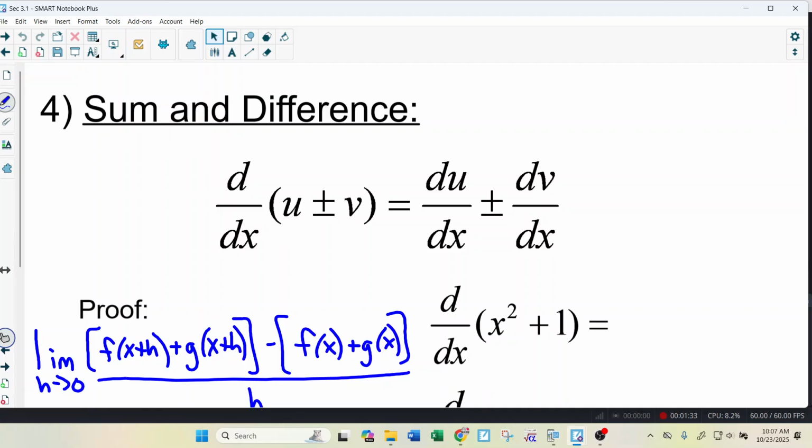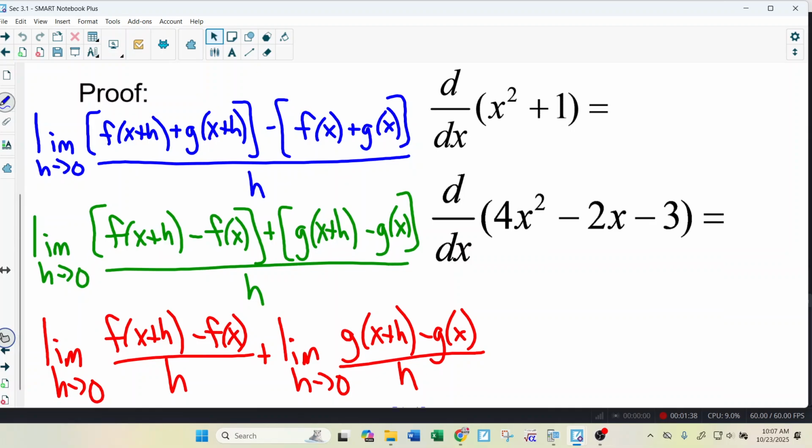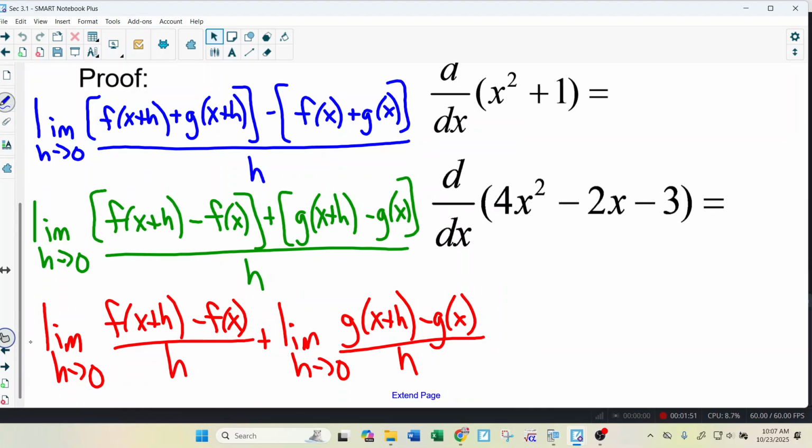Or another way of thinking about it, if we actually prove it here, if I take the limit of the derivative of f plus g, that's putting it in the formula, I can divide this out into just the derivative of f, just the derivative of g, which then gets me my rule of two separate derivatives.